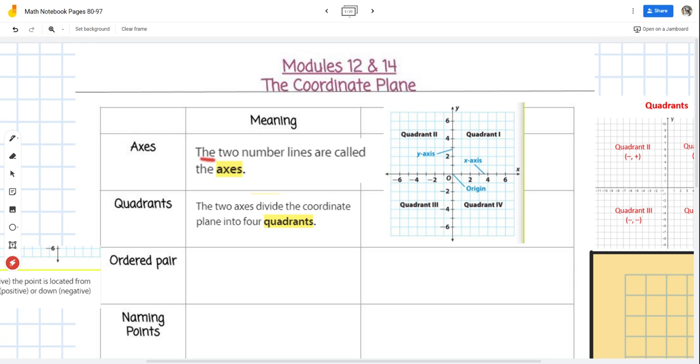So we have here the very first definition, axes. The two number lines are called the axes. So you have the y-axis and you have the x-axis. Together they are axes.